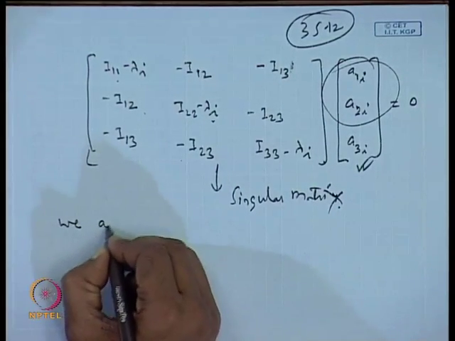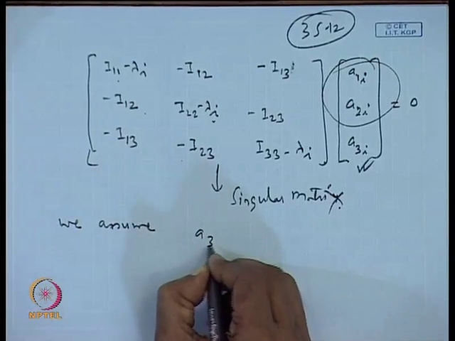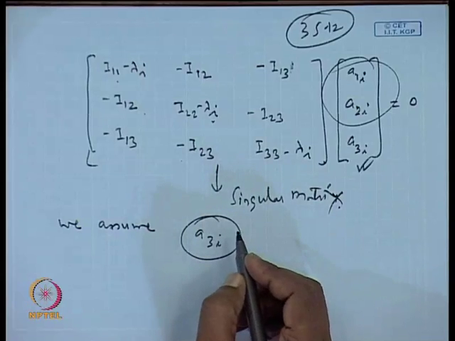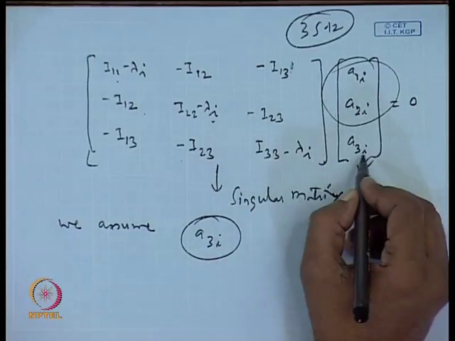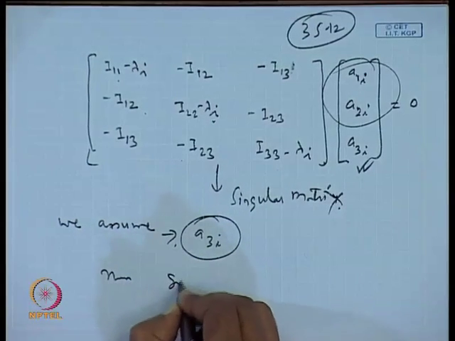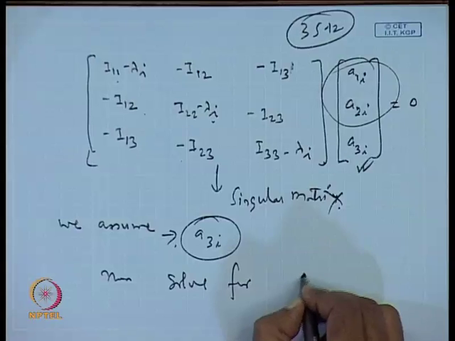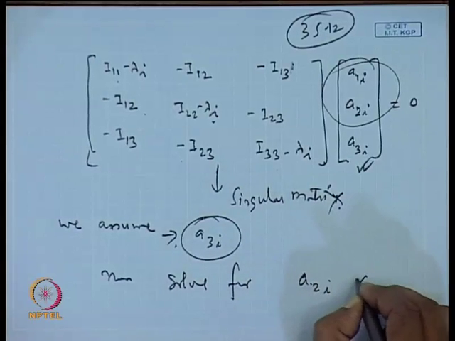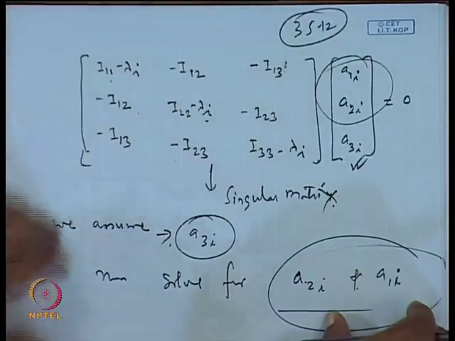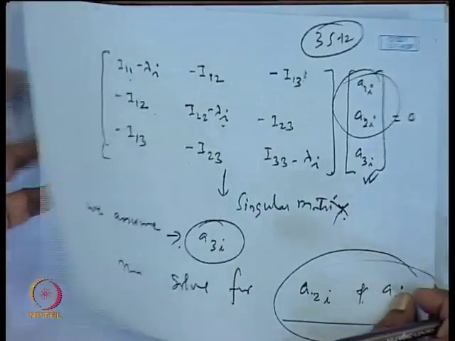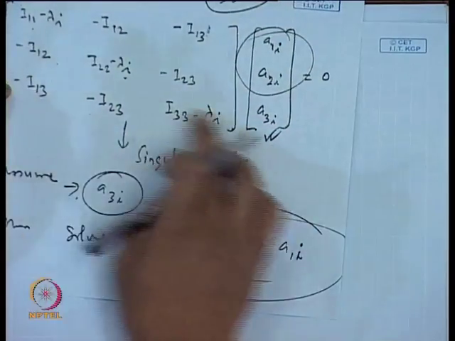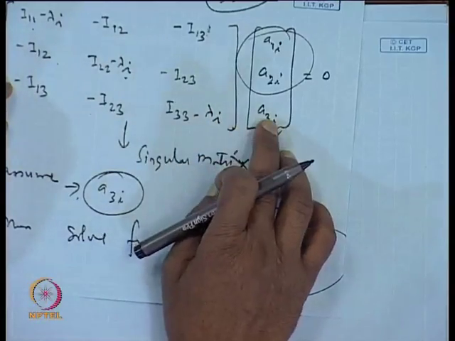So, we assume A 3 I, or say you can assume A 1 I. In this case let us say that I am assuming A 3 I and then solve for A 2 I and A 1 I. So, once we solve for this, after fixing this value, you have the particular equation coming from here, lambda is known to you.